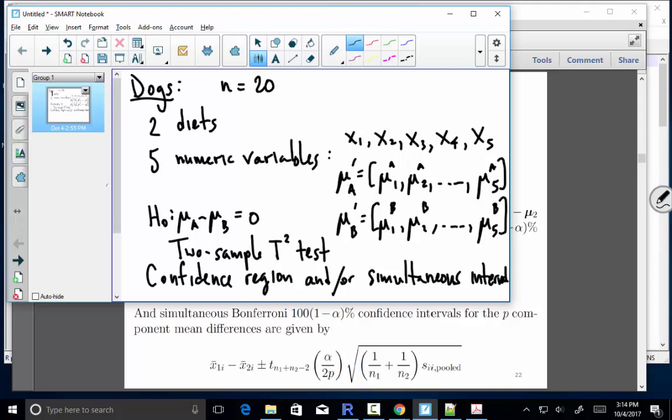Do we need to worry any about the population distribution? Like what type of distribution underlies our data? What do we need it to be for the t-squared?